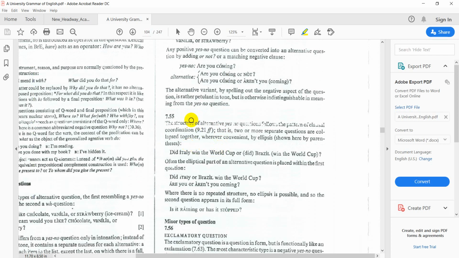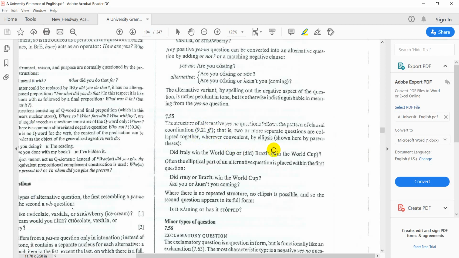Okay, let's have a look at this section, and then we will stop when we reach section 7.56. We will explain that in the next lecture. Okay, so section 7.55: the structure of alternative yes-no questions follows the pattern of clausal coordination, which is found in Unit 9.